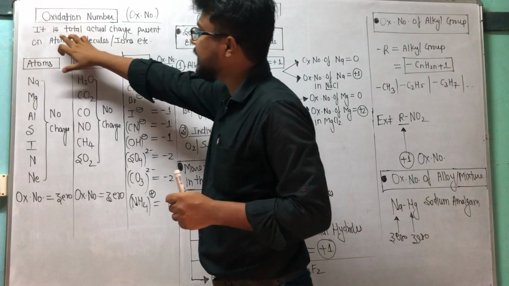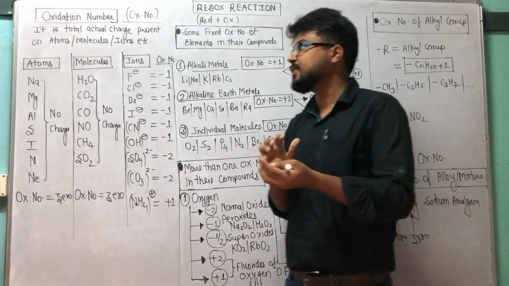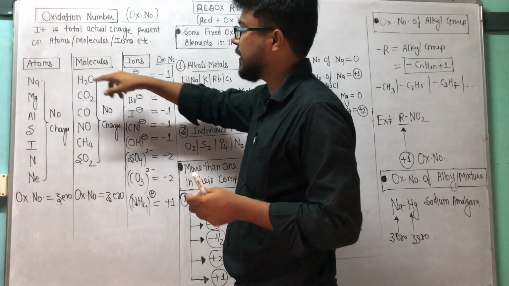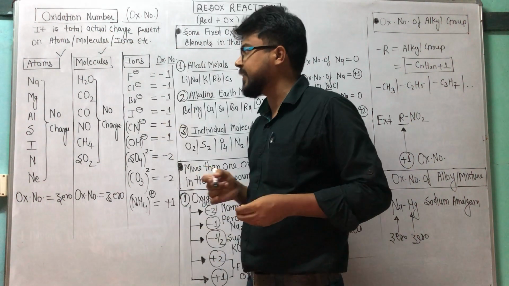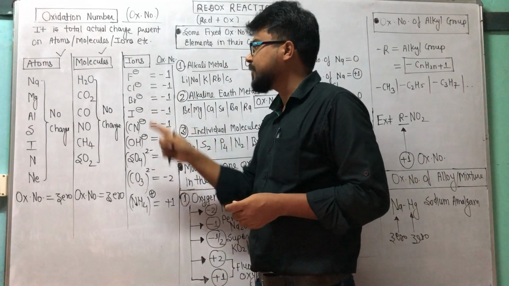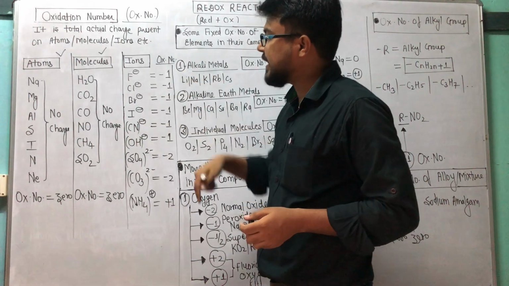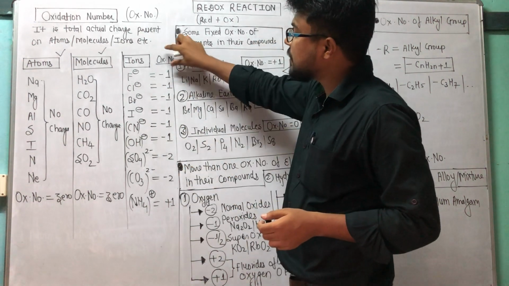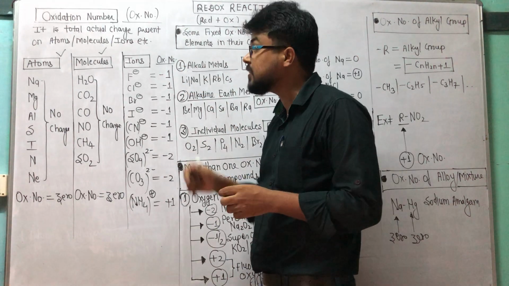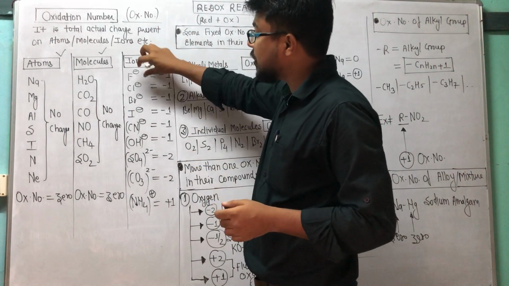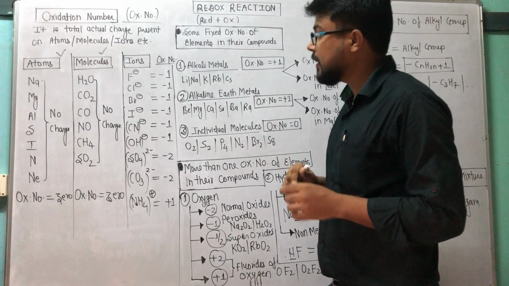Students, as per definition, it is the total actual charge present on the given species. We cleared atoms and molecules. Now ions. Fluoride, chloride, bromide, iodide all have -1 charge. So the ox number of these first 4 ions will be -1, because whatever the charge of that species, that is the ox number of that particular ion.